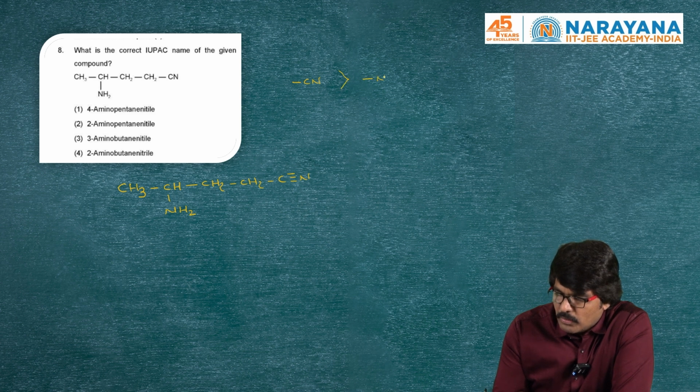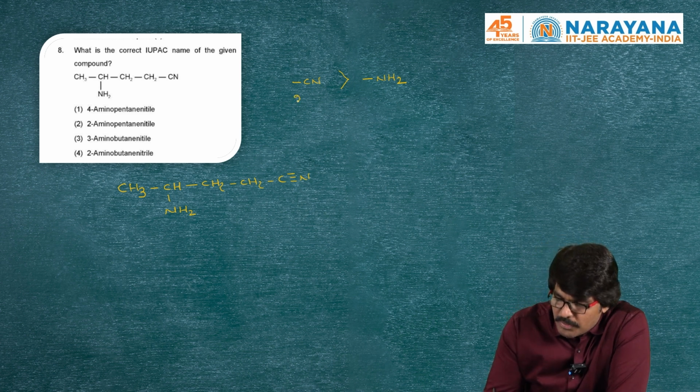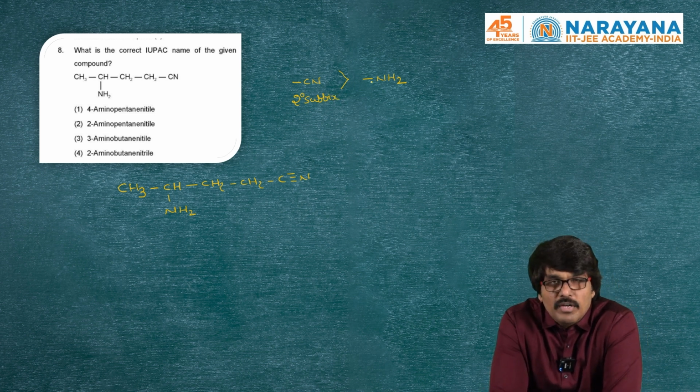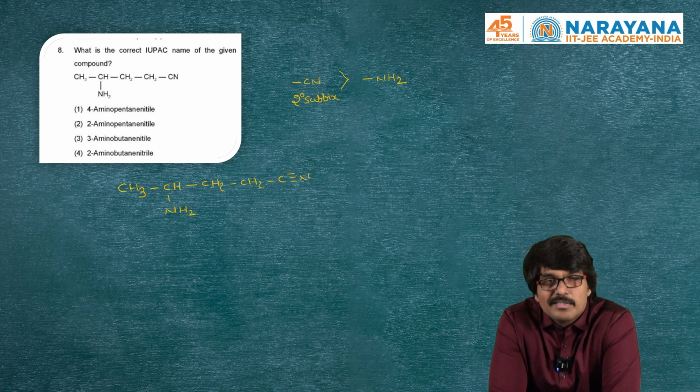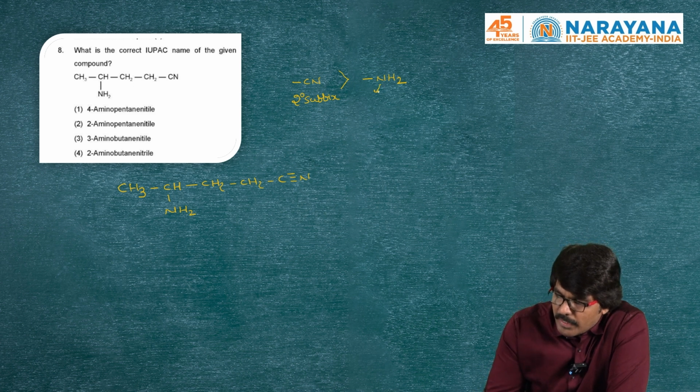The other is the amine functional group. According to the IUPAC priority rule, the cyanide functional group gets more priority. Therefore, its name will be the secondary suffix, and NH2 will be treated as a substituent in this structure. NH2 will receive substituent treatment, and its name is secondary prefix.